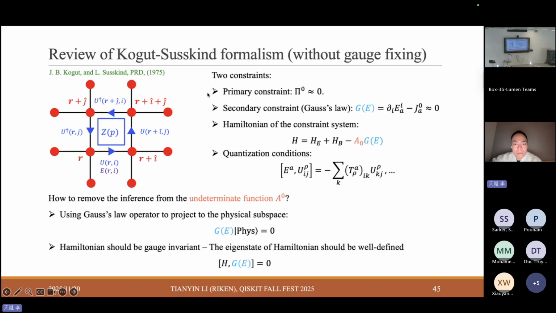So in this formalism, there are two constraints. Firstly, the primary constraint pi0 equal to 0, and there is a secondary constraint which is named Gauss's law here.